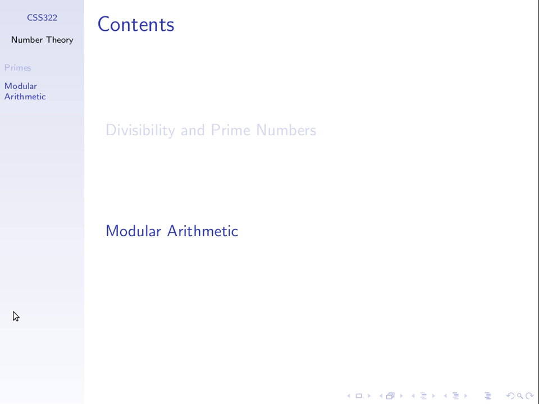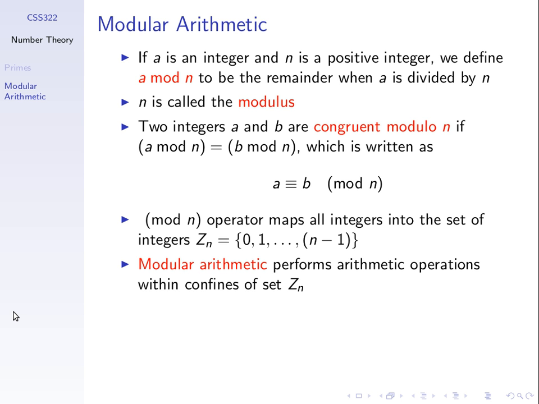That was easy. Now, modular arithmetic. We'll use modular arithmetic in a number of our operations in public key encryption. Let's define some concepts. Using the mod operator, which you all know how to use: if a is an integer and n is a positive integer, we define a mod n to be the remainder when a is divided by n.